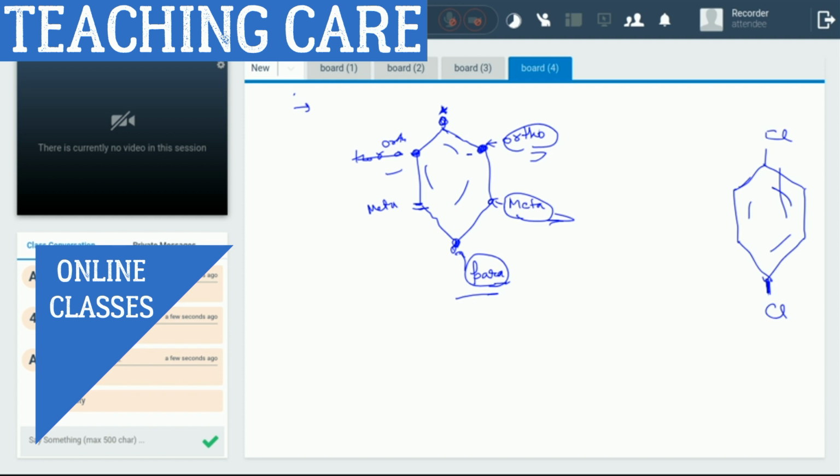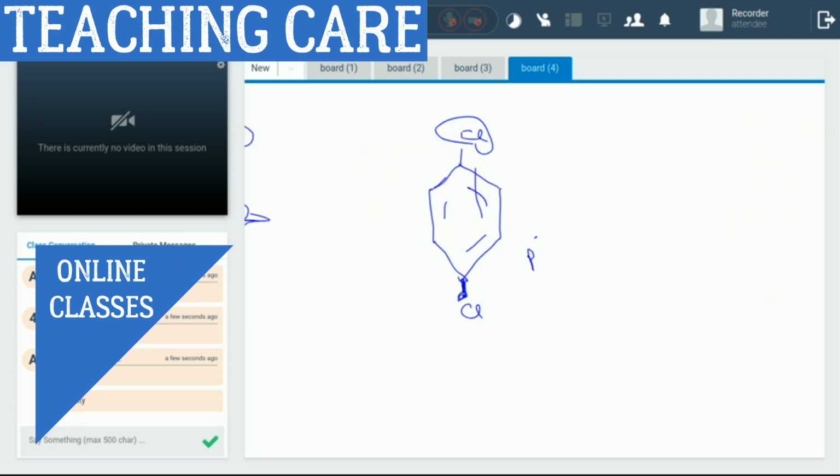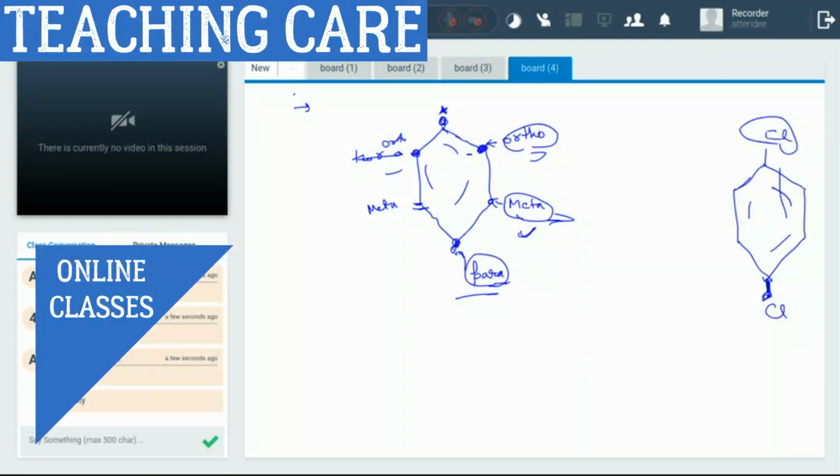This is the structure, because there are two chlorines, this one and this one, at the para position. So that's why it is called paradichlorobenzene. And if I say metadichlorobenzene, then you will make a chlorine here. Are you getting my point or not?